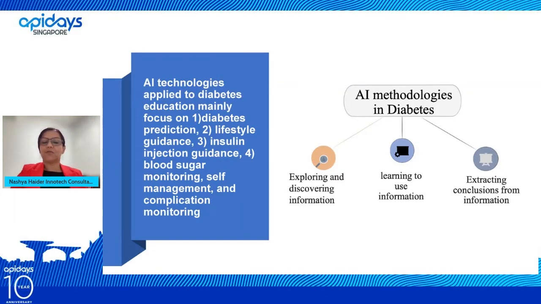So these are the four main verticals where one could create software to predict whether someone is pre-diabetic or not. And then once they are, the insulin injection guidance would show you how much insulin you'd be injecting per day.